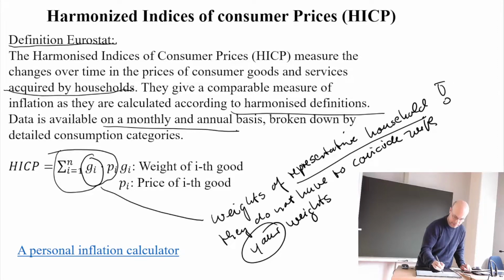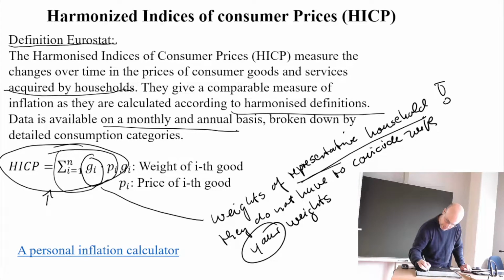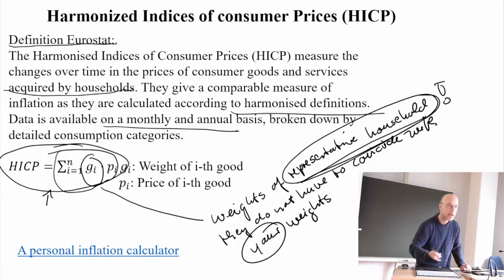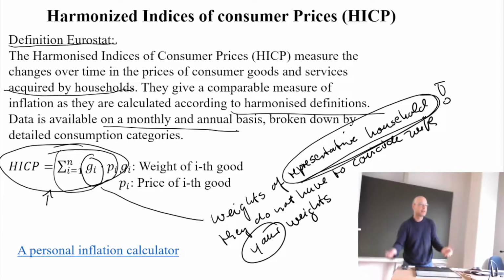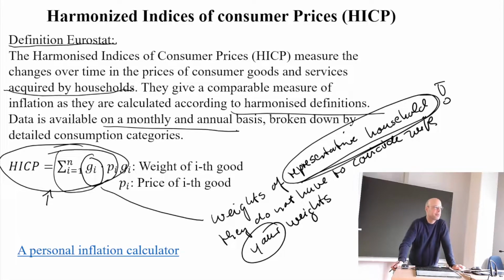So this represents, or here you have it already. And this you have to keep in mind. So also, of course, the preferences of the representative household also change during time. And usually every 5 years we look, are our weights in this CPI still appropriate weights?